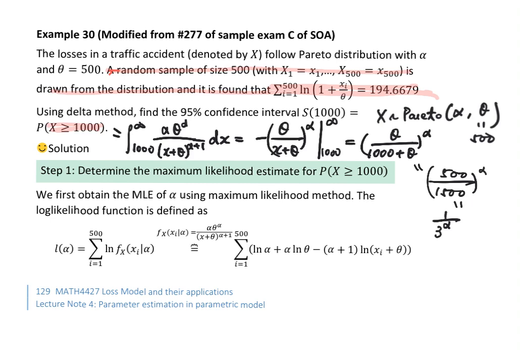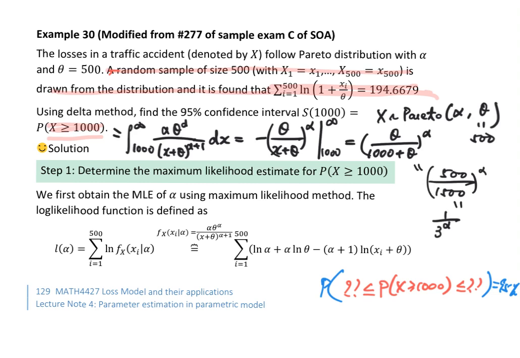Given this, I want you to use the delta method to find the confidence interval for this probability, that is, the range of this probability that holds with 95% probability.